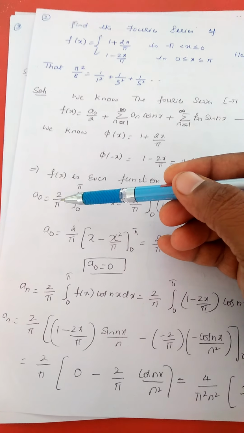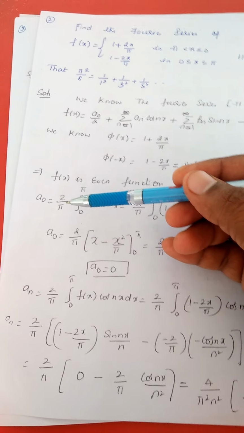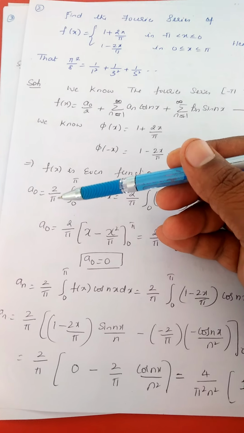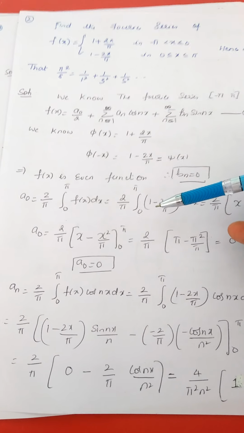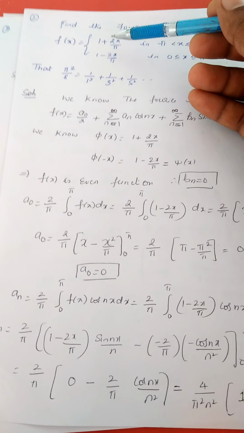So, a0 is given by, as we have discussed in the table, the formula a0 = 2 by pi integral from 0 to pi of f(x) dx. Here we have two values, so which term do we need to consider?